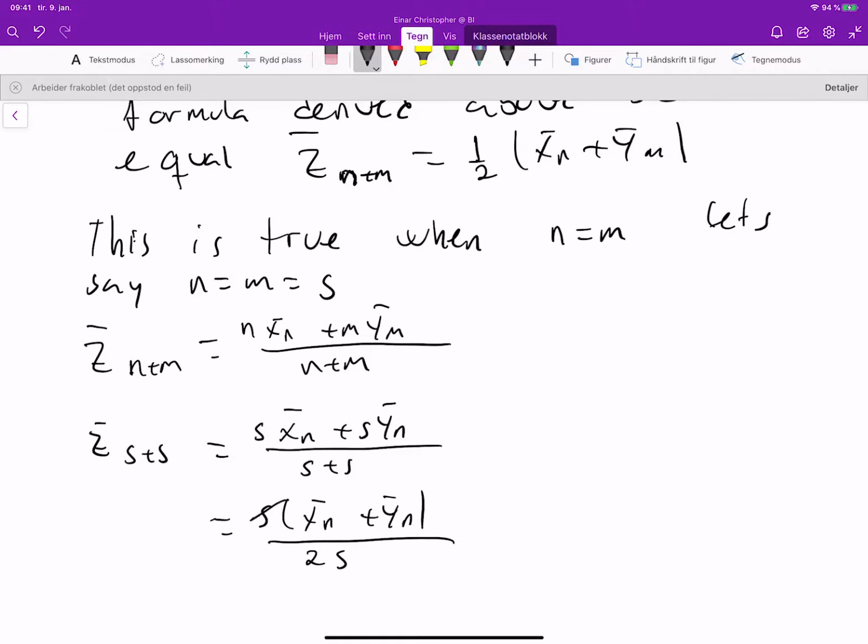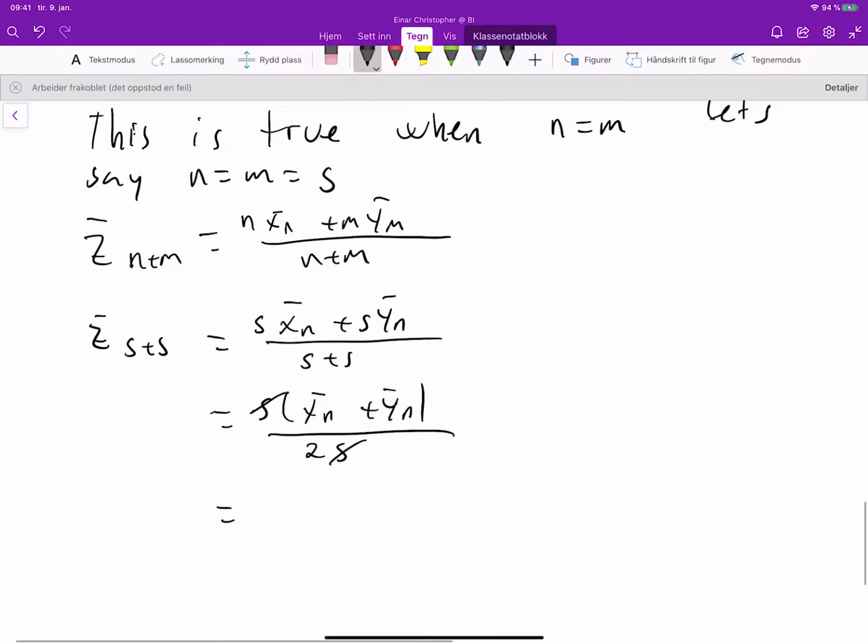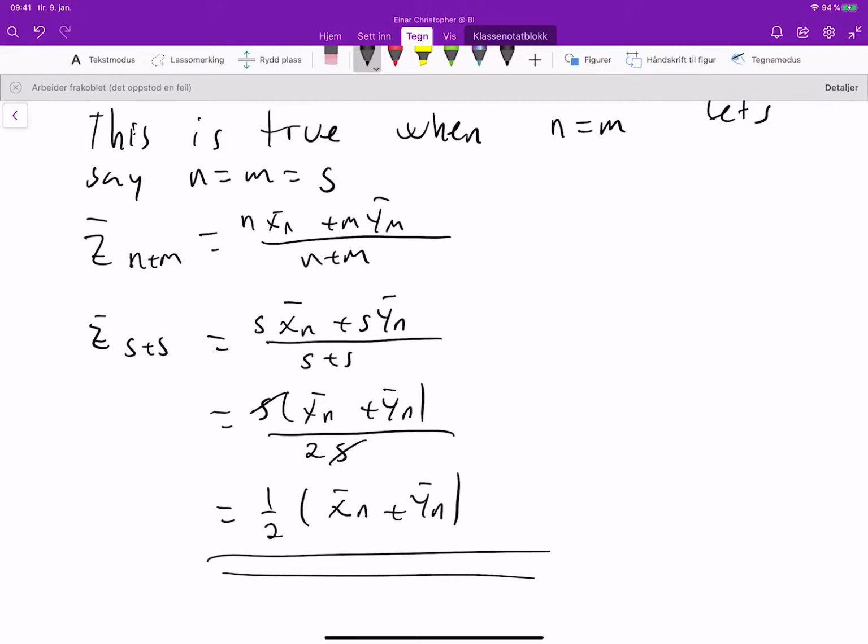Then we can cancel s with s, and we get the result. This is nothing else but a half times xn bar plus ym bar, which we were supposed to explain. So n has to be equal to m. That is the essence here.